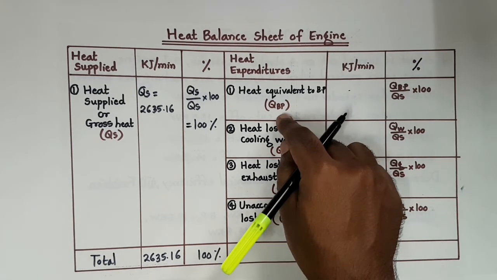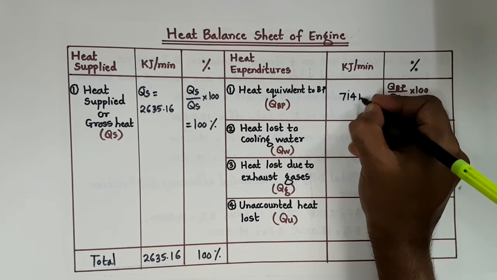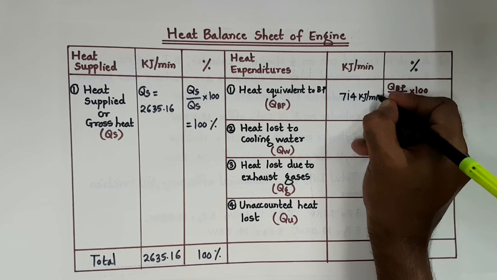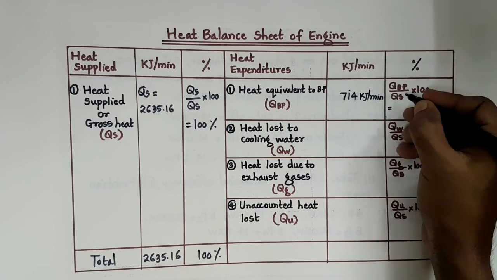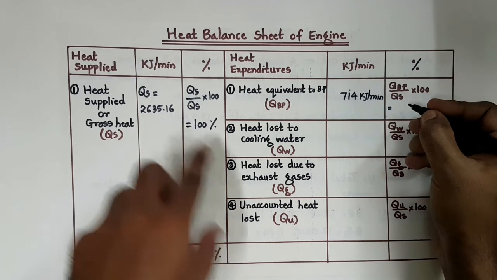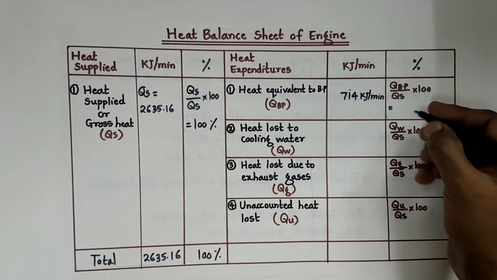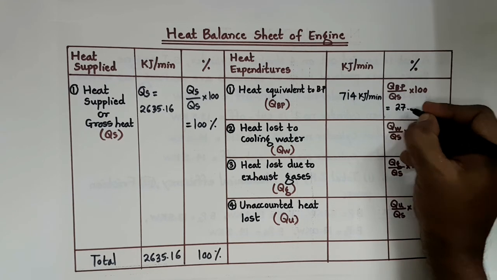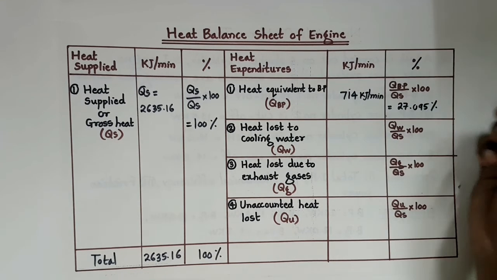Next, heat equivalent to brake power. QBP we have 714 kilojoule per minute. So we'll divide 714 by 2635.16. Upon calculating, we have the value 27.095%.